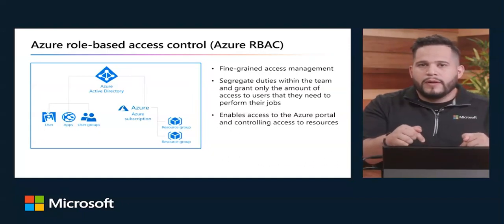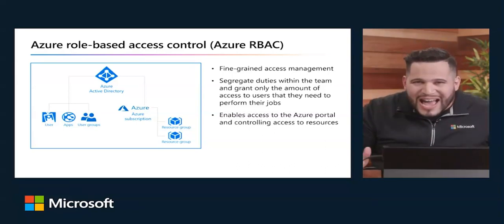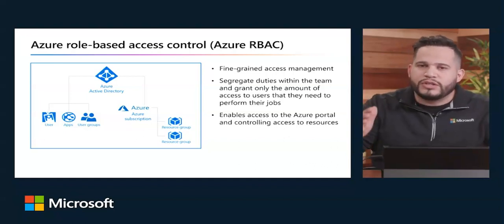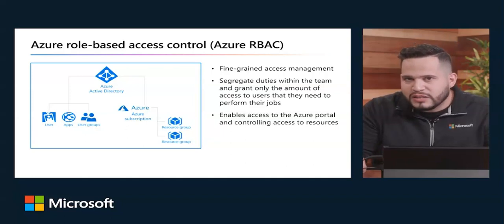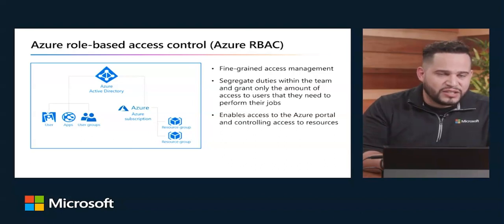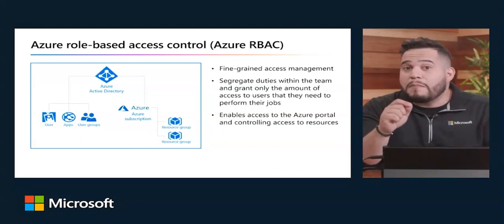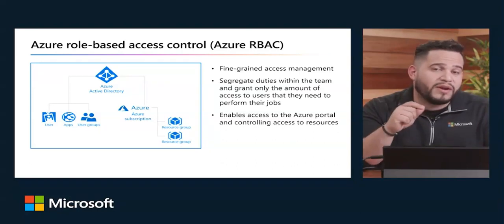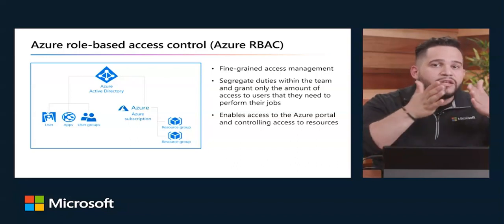What I usually recommend when it comes to role-based access is you want to provide the users with the least amount of access possible to do their job, okay? The least amount of access possible to do their job, because RBAC, or role-based access control, is what we call an allow model. An allow model means that when you give someone a role within RBAC, you are basically saying, this is what you can do.